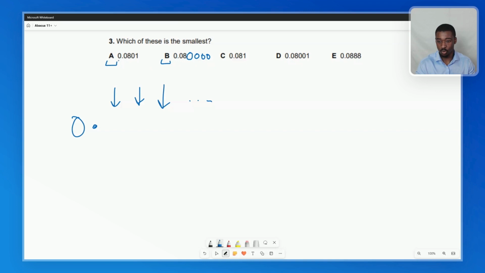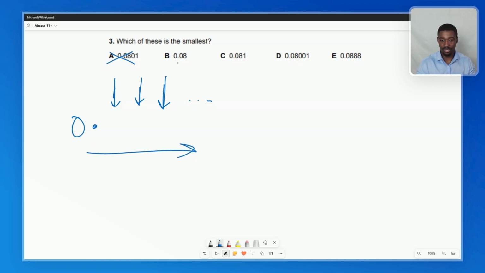But A has 0.08, but then it has 0.1. So that 0.1 at the end means it's just a bit bigger. So you see, it's all about comparing the columns as we move further right from the decimal point.